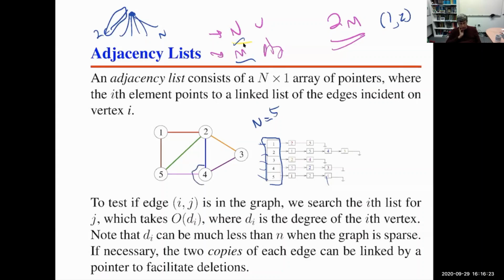The edges associated with vertex 4. On vertex 4, I have an entry 5. The 5 on the 4th list means there is an edge from 4 to 5. Does everybody see that? The 2 on the 4th list means there's an edge from 4 to 2. The 3 on the 4th list means there is an edge from 4 to 3.